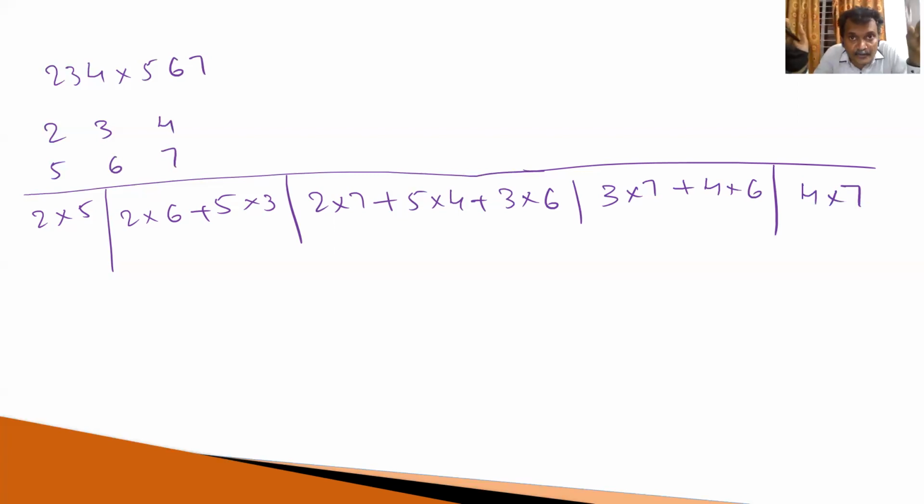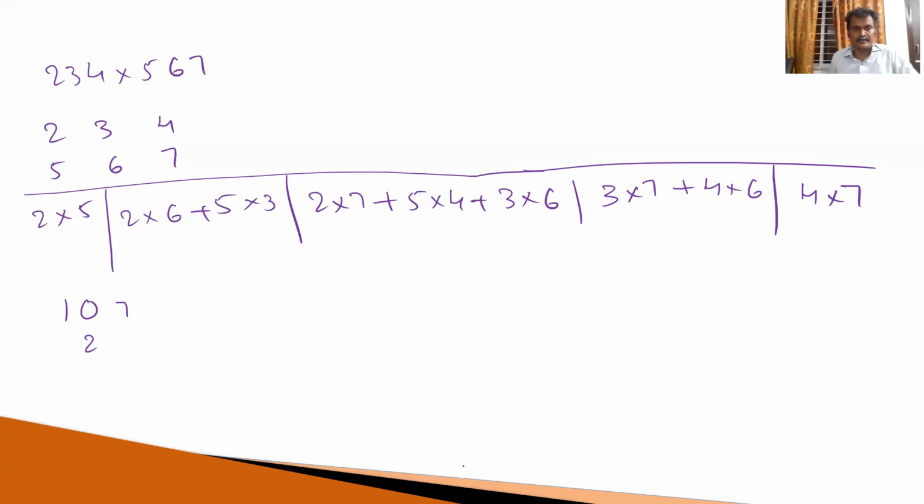Okay, is it clear, all of you? Yes, sir. Now 2 into 5, that is equal to 10. 2 into 6, that is equal to 12, plus 5 into 3, 15. 12 plus 15, 27. 2 is carried and this is equal to 7.